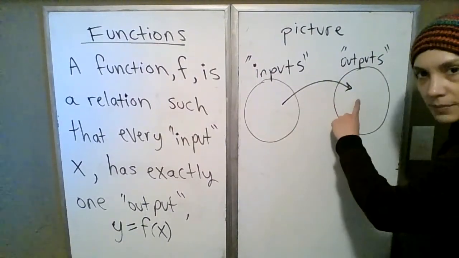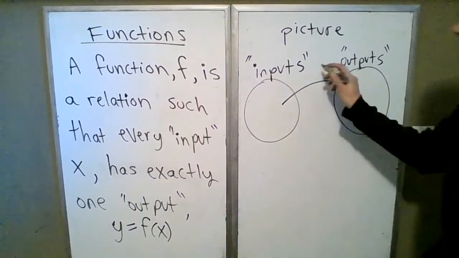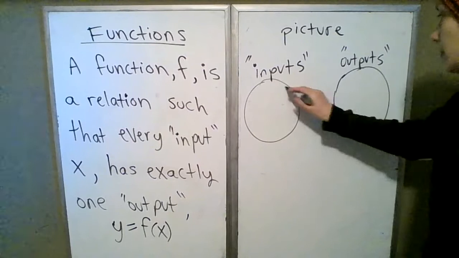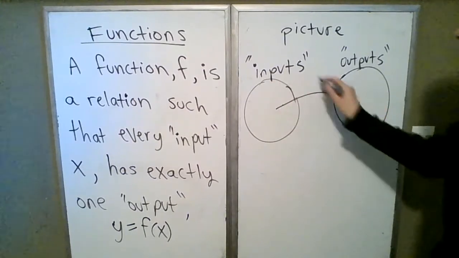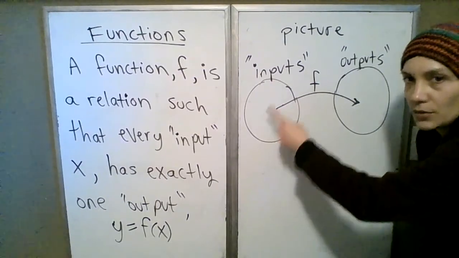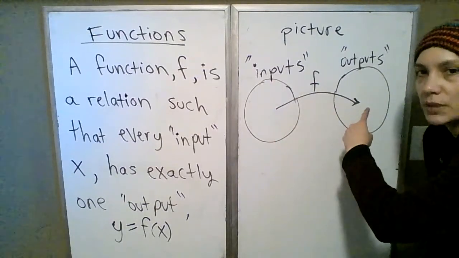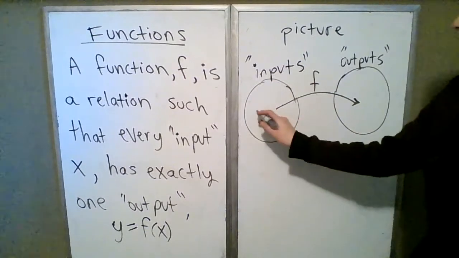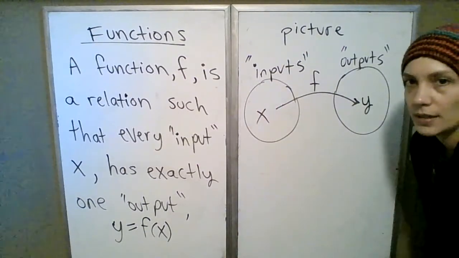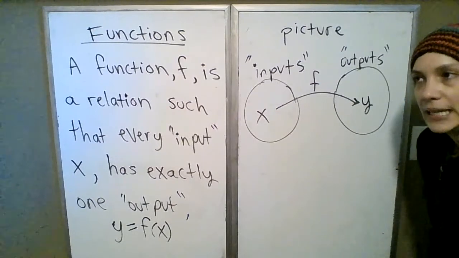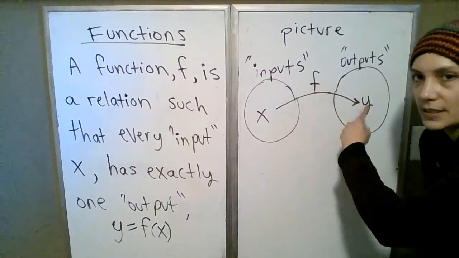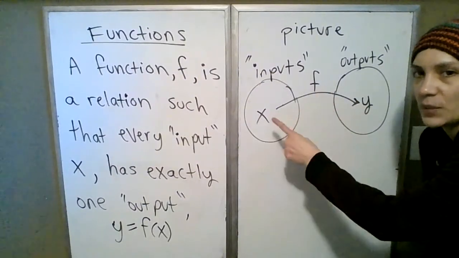And this function is f. Okay, so you put in x, it goes through the function to one output, y. And sometimes we call y f of x, f evaluated at x.